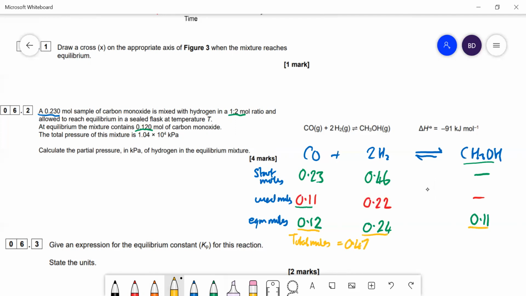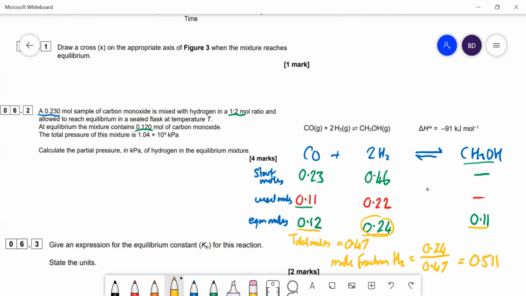So the mole fraction of hydrogen is going to be the moles of hydrogen, 0.24 over 0.47, which is equal to about 0.511.